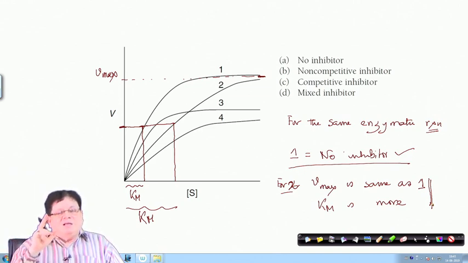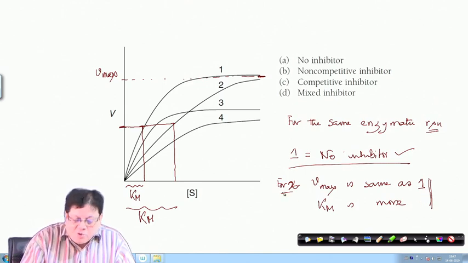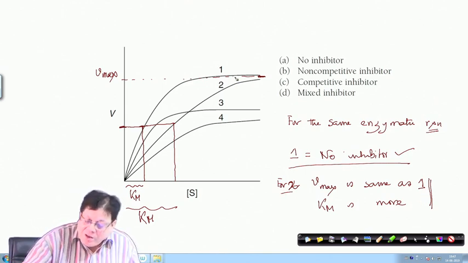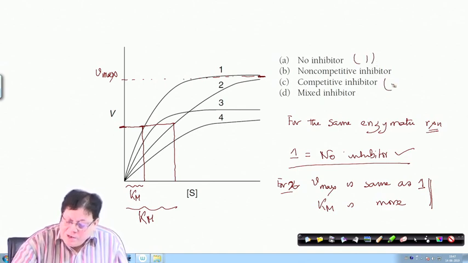But what changes is not the value of Vmax, because you reach the same Vmax using a higher concentration of S. To reach half of Vmax, you now need more concentration of S. More concentration of S means your Km increases. So, no inhibitor is 1 and the competitive inhibitor is 2.